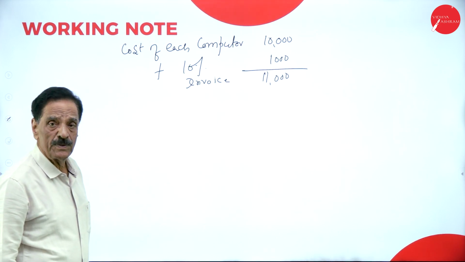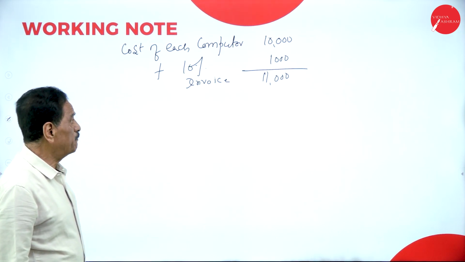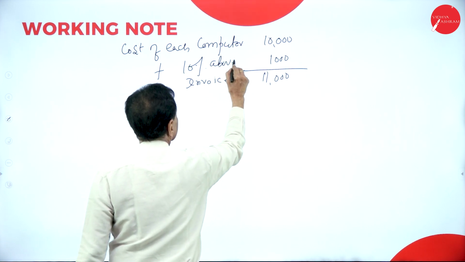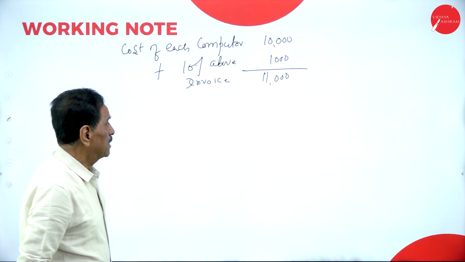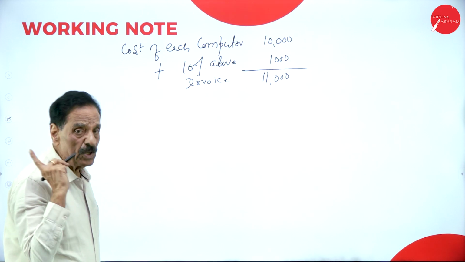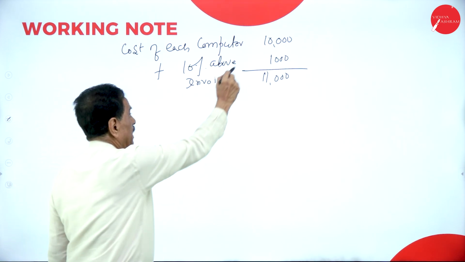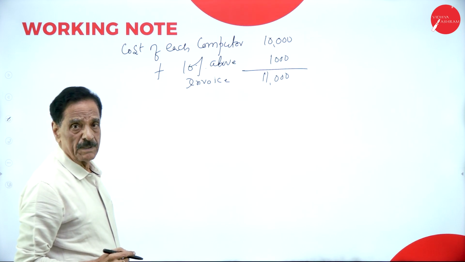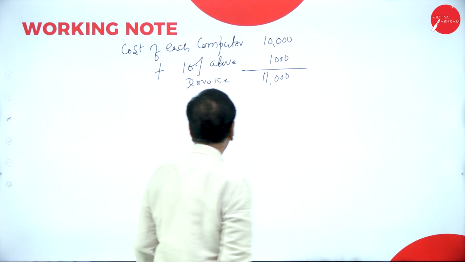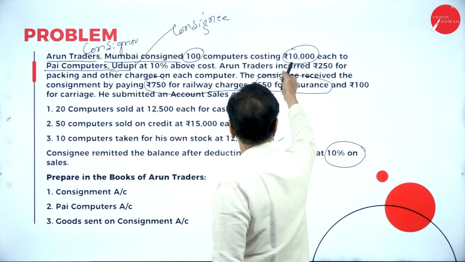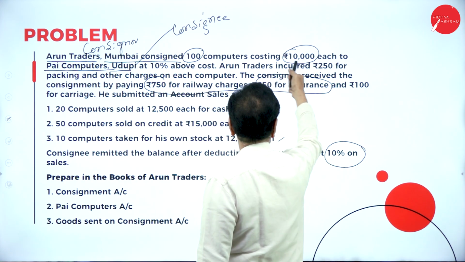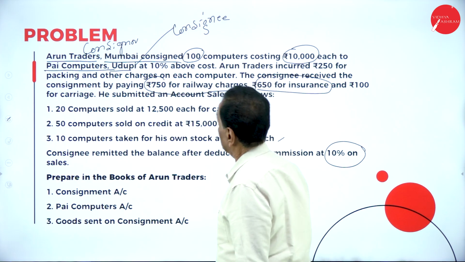What is the cost price? 10,000. 10% above is 1,000. So it becomes 11,000 for each computer. So 10,000 is the cost price, 11,000 is the invoice price. So if we come back here, goods sent on consignment, 100 computers into 11,000 is 11,00,000.